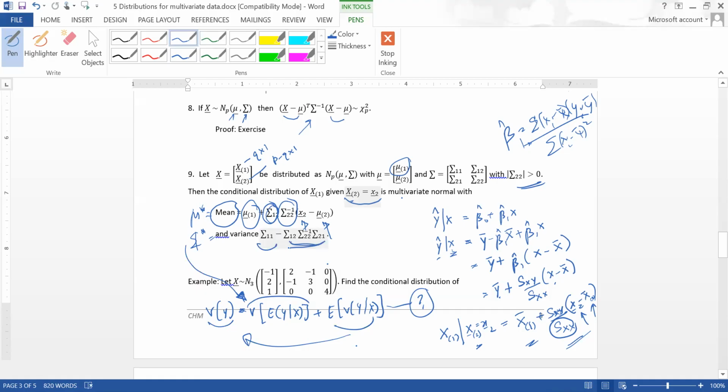You can show it. I mean, it's in the same form, right? I'm not going to show it. Probably you'll be confused now. So we look at this example. Anyway, what you have to do is, when a conditional distribution has to be found from the original distribution of x's, you can use this mean and variance. So here's the example. We look at the example.